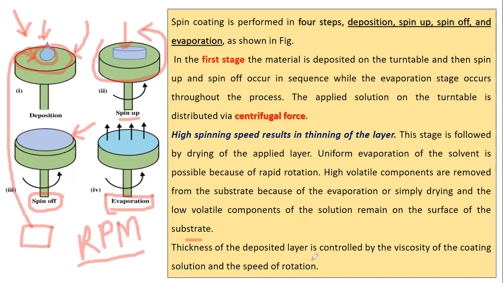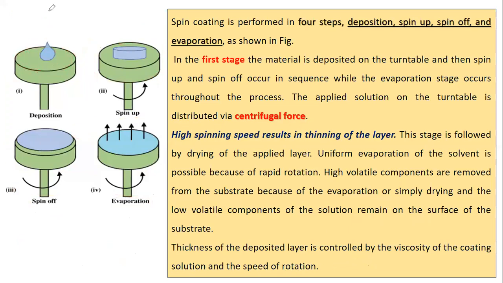The thickness of the deposited layer is controlled by the viscosity of the coating solution and the speed of rotation. According to the whole process, if we need a very thin film, we can control the viscosity of that particular coating solution and the speed of rotation.